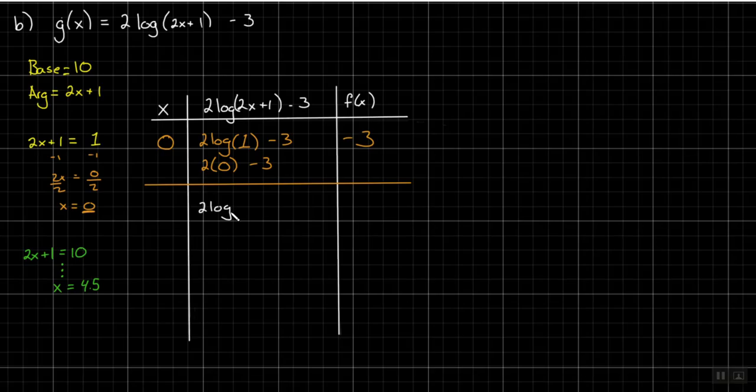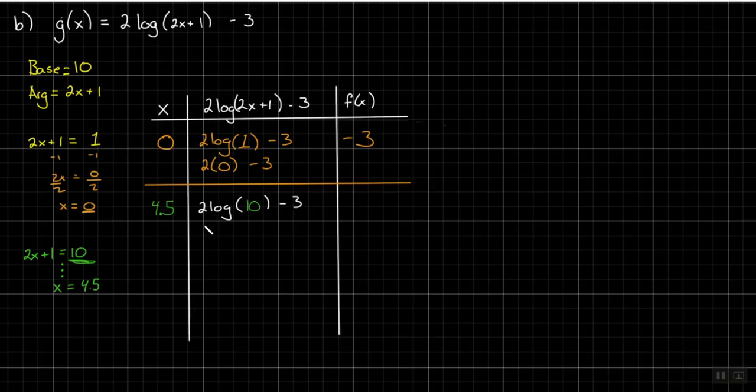And I wish that I had copied this so it could just come out once. When I get here, I'm not stalling or anything like that, but I know for a fact at this point in time that if I write a 4.5 here, it's going to make my argument a 10. We just did all the scratch work to get that. I know immediately it's this. I don't have to re-plug in and calculate. It's just automatically going to be 10 because that's the x we got when we set it equal to 10.